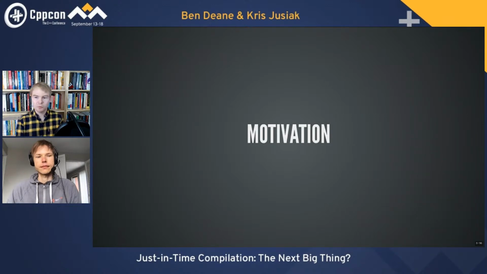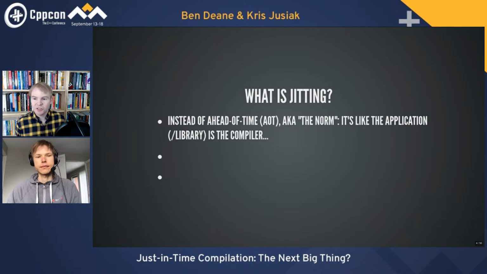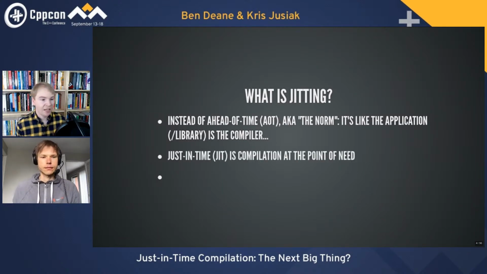So why would you want to JIT something? Well, JITting is just-in-time compilation as distinct from ahead-of-time compilation. Ahead-of-time is what we normally think of when we think of compilation. But when we JIT, it's as if we ship the compiler inside the application or library so that we can compile just in time and at the point of need.